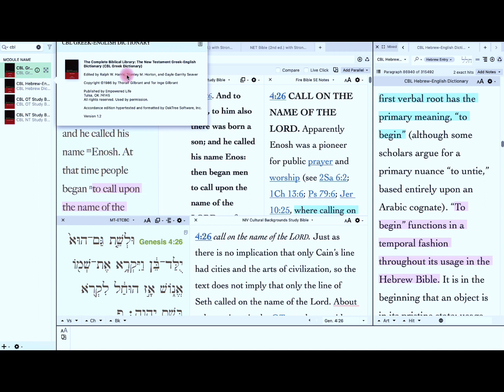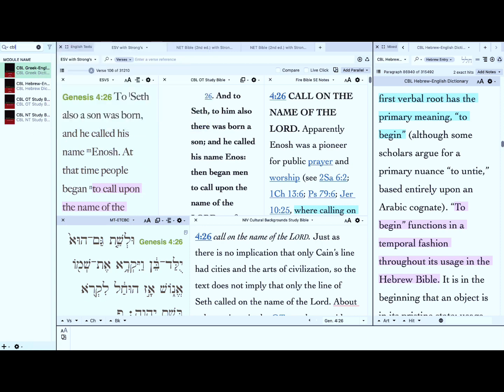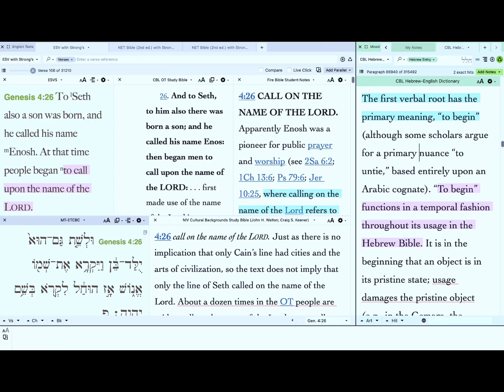You might not get to see it as I would like to, but it says the Complete Biblical Library. It has 4 modules. It has a dictionary for the Old Testament, for the New Testament, and it has study Bible notes for Old and New Testament.